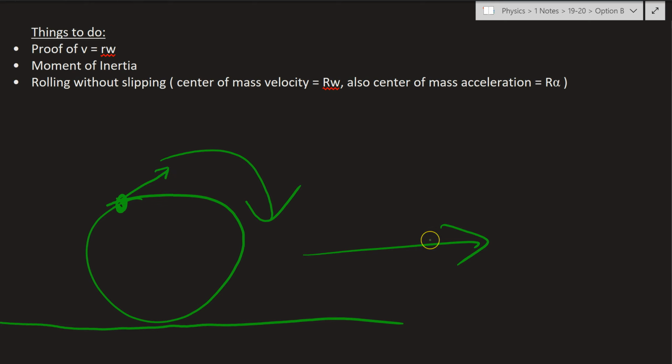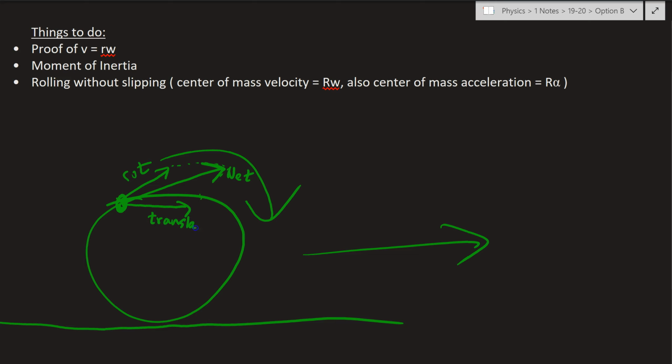And due to moving forwards, its velocity vector might look something like that. And the net velocity of that one point is actually the sum of these two vectors, which would look something like this. So that would be the net. That would be due to rotation, and that would be due to translation.